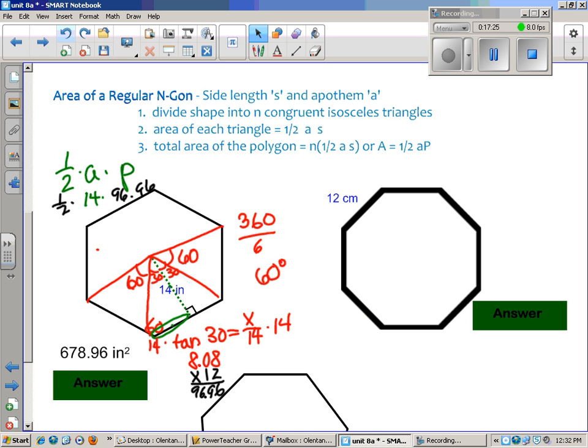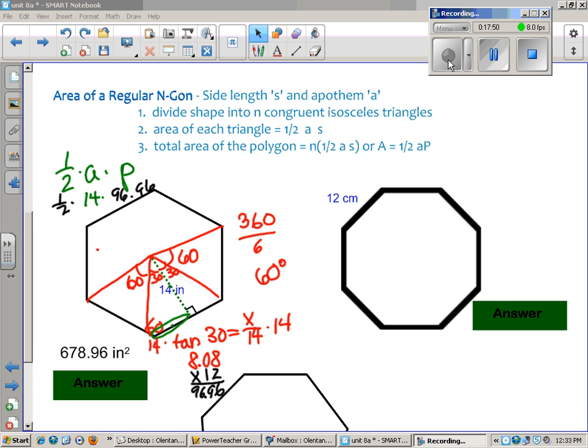So I would leave that half there and find the whole perimeter. Doesn't matter. Multiplication's commutative. So you could do 1/2 times perimeter times apothem, or 1/2 apothem times perimeter, and you'll get the same answer. All right?